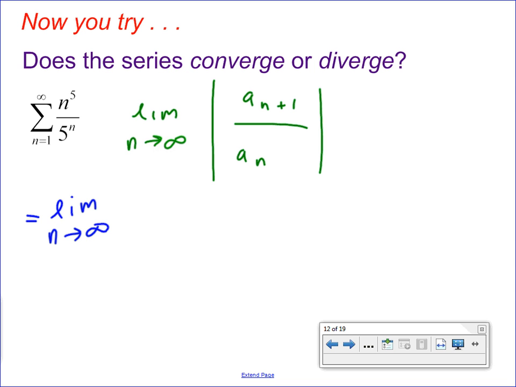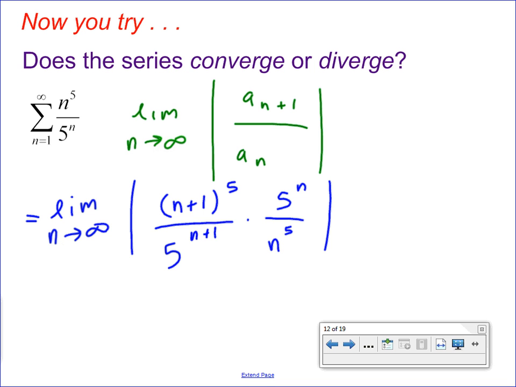And we see that the n plus 1st term would be n plus 1 to the 5th over 5 to the n plus 1. Dividing by the nth term would be the same as multiplying by the reciprocal, so that would be 5 to the n over n to the 5th.